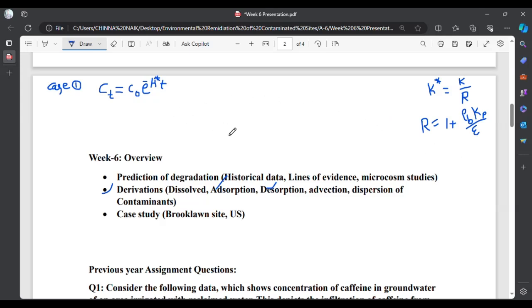But how will we find k star? We will find k star using Excel and the data given in the question. We import the data into Excel and, using the analyzer, calculate the k value by fitting the model.